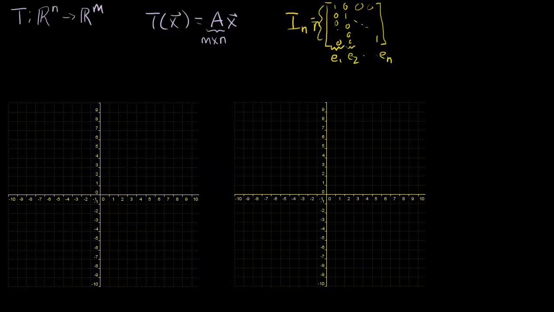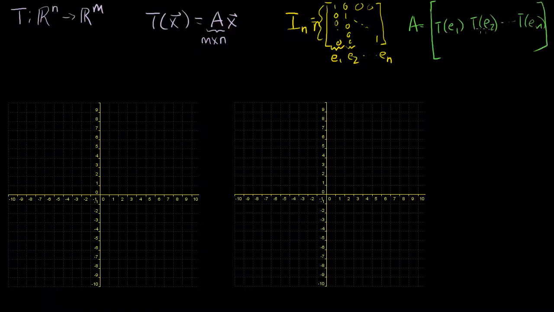And we know that our matrix A can be represented as the transformation being operated on each of these columns. So the transformation on E1, and the transformation on E2, and so forth, all the way to the transformation on En.